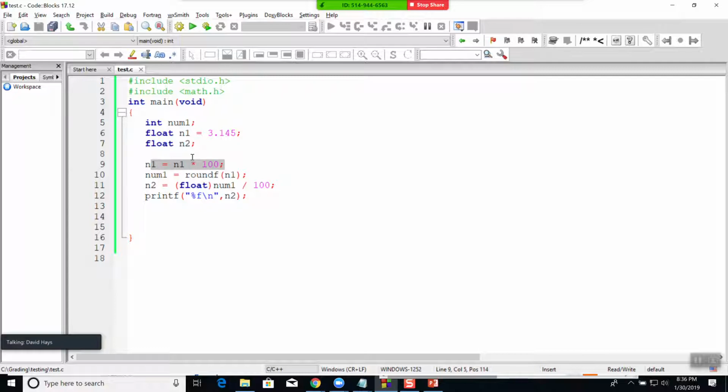So then that would give us 314.5. roundf would round just like normal, so that gives us 315. And then going backwards, divided by 100 gives you 3.15.